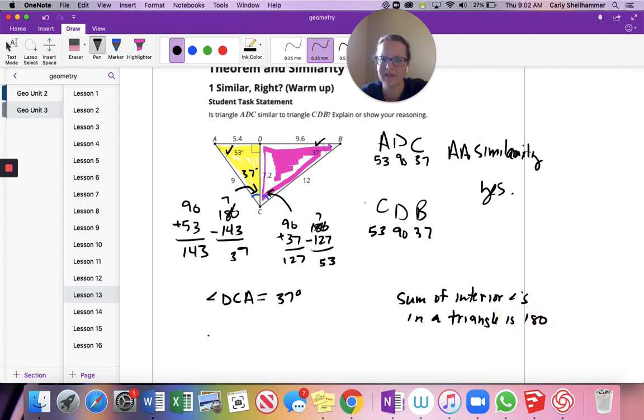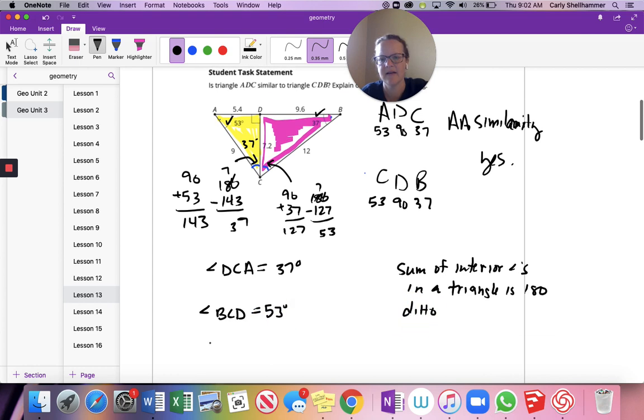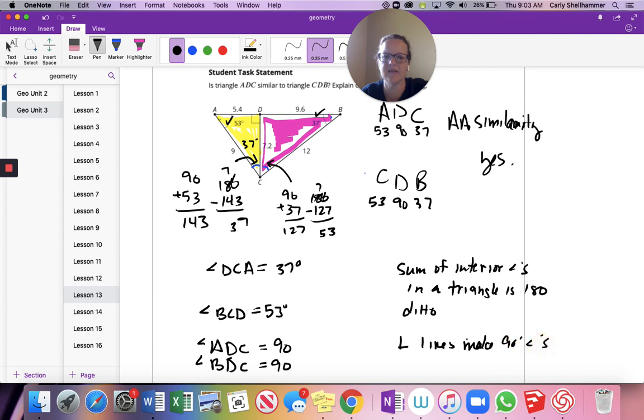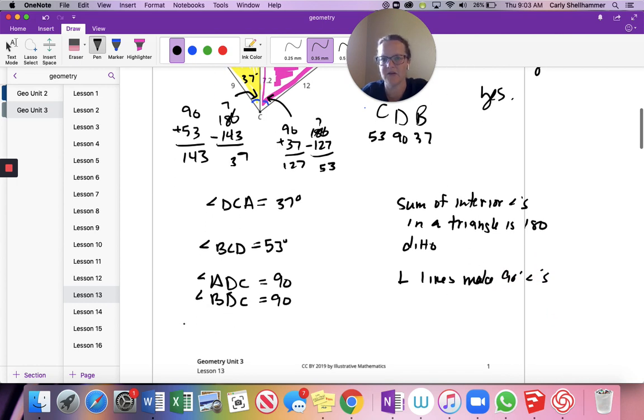And then I would say that angle BCD is 53. Ditto, same reason. Angle ADC is equal to 90, and angle BDC is equal to 90. Perpendicular lines make 90-degree angles. Now I can say that all the angles are congruent.